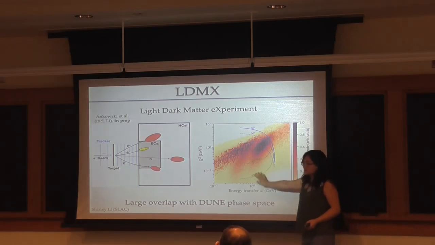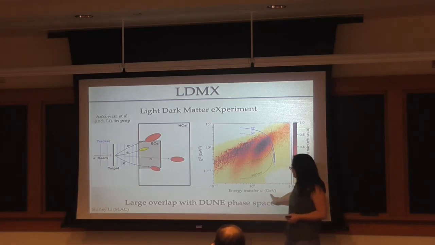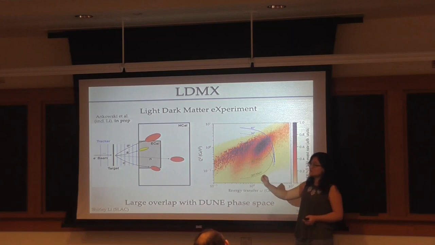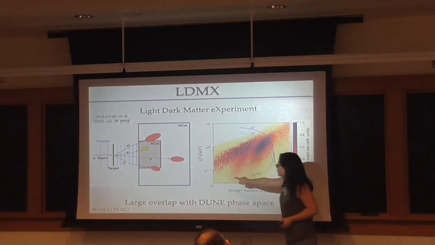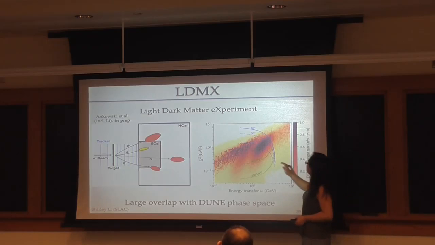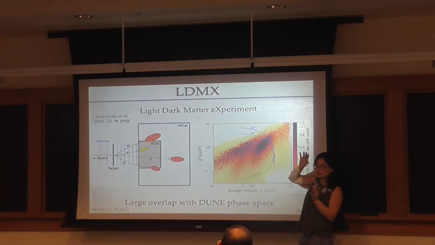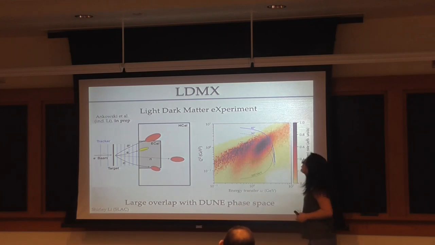Again, here's the phase space distribution of DUNE, but it looks different from before because we decided to switch units between two papers. Here the x-axis is the energy transfer, so incoming electron energy minus outgoing electron energy. On the y-axis is still the four-momentum transfer. And again, the DUNE near detector event density is this color map. The DIS region, deep inelastic scattering, is this block right here.